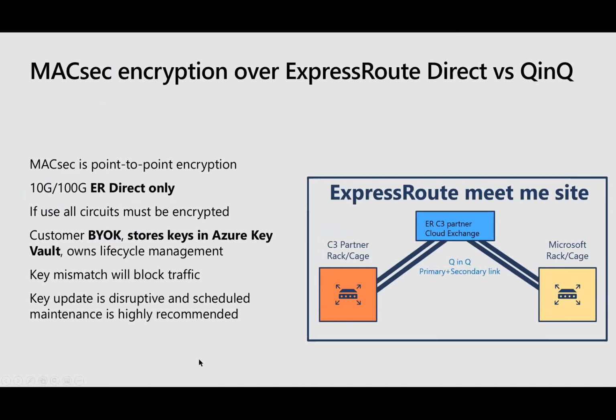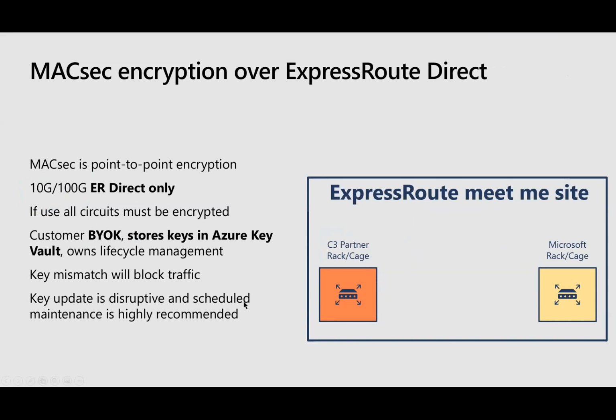Without MACsec, it's not encrypted, and it goes through the partner. We trust our partner, of course, but without it, it's not encrypted. If you are in financial services, typically the banks, the Reserve Bank stipulates you have to have encryption between on-prem and any hyperscaler.